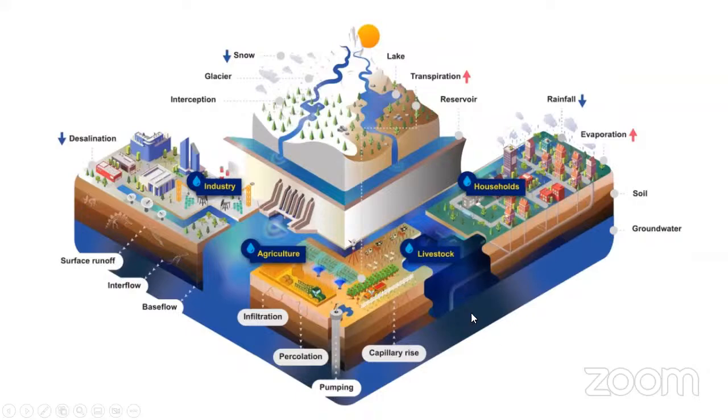Finally, due to infiltration, percolation, pumping, capillary rise, base flow, interflow, and surface flow, all these activities bring pollutants, and the chemical and physical constituents of the groundwater quality may be affected, along with the quantity or availability of groundwater.